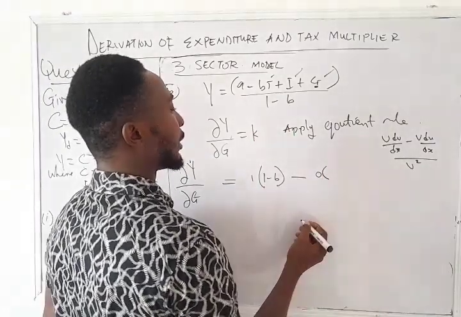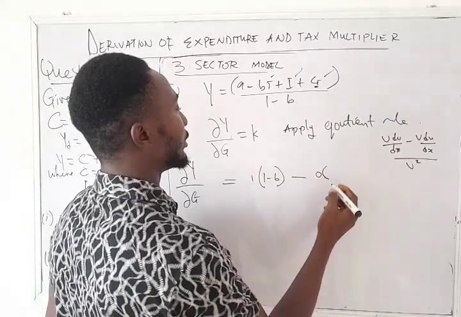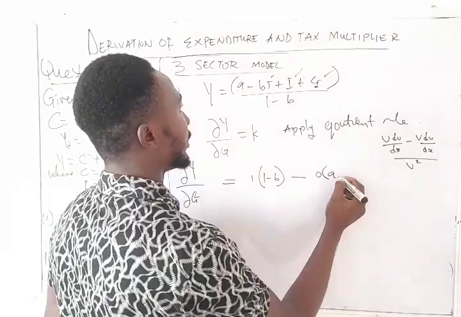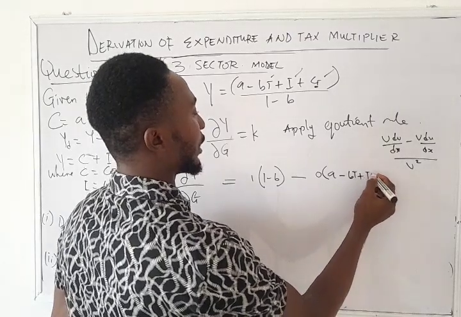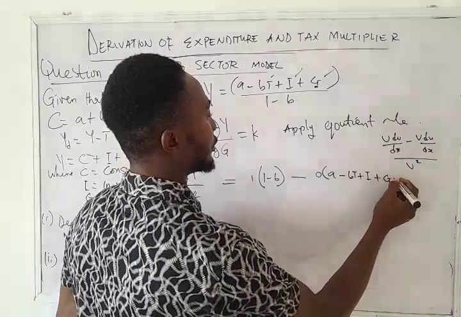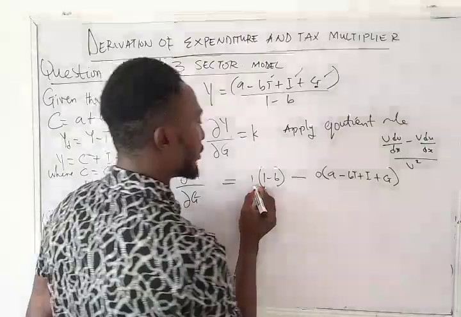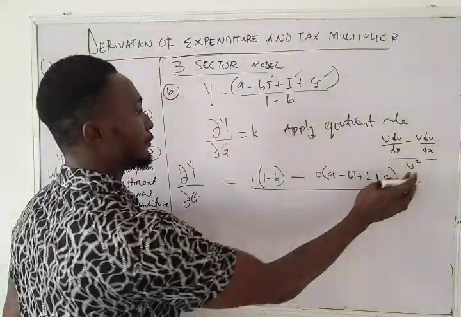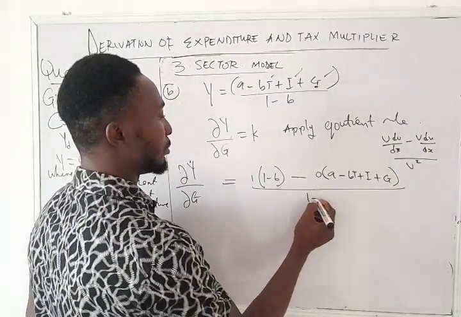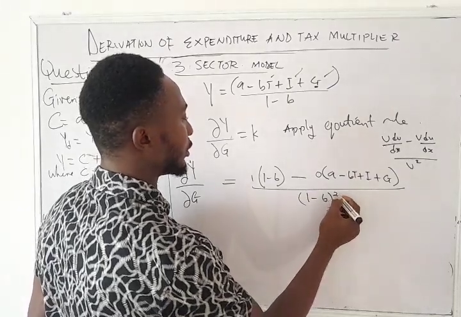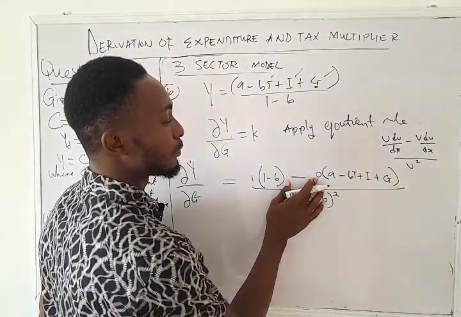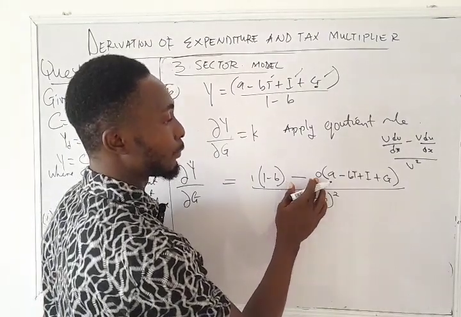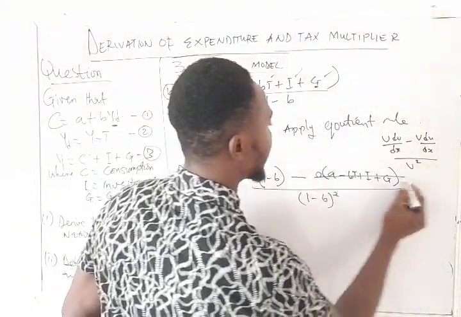So 0 multiplied by the numerator, A minus bT plus I plus G, and then we divide by v squared. What is v? 1 minus b, so the square of it is what we have here. So this is 0, multiplied by everything here, so this clears out.